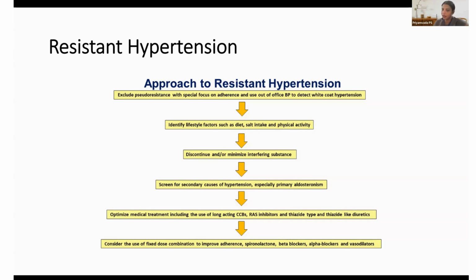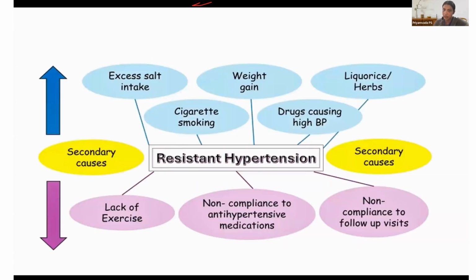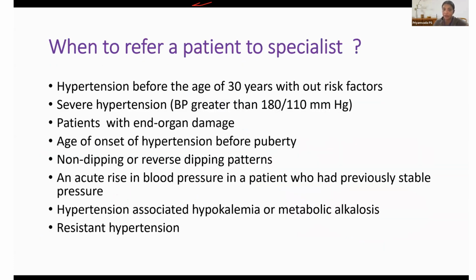You need to look at a renin and aldosterone ratio, and there are various cutoffs mentioned depending on the units of renin and aldosterone, and optimize the medical treatment. If that patient's hypertension is still resistant, then that's the time the patient should be referred to a specialist. So these are the common causes of resistant hypertension, which we can easily tackle. Again, I have told this before.